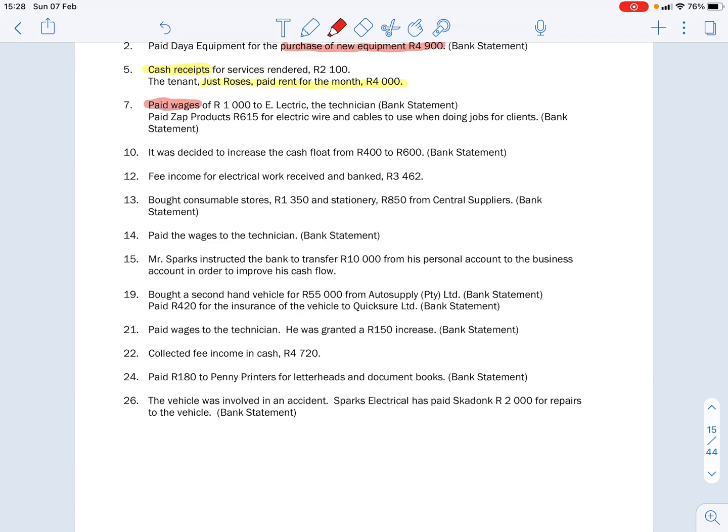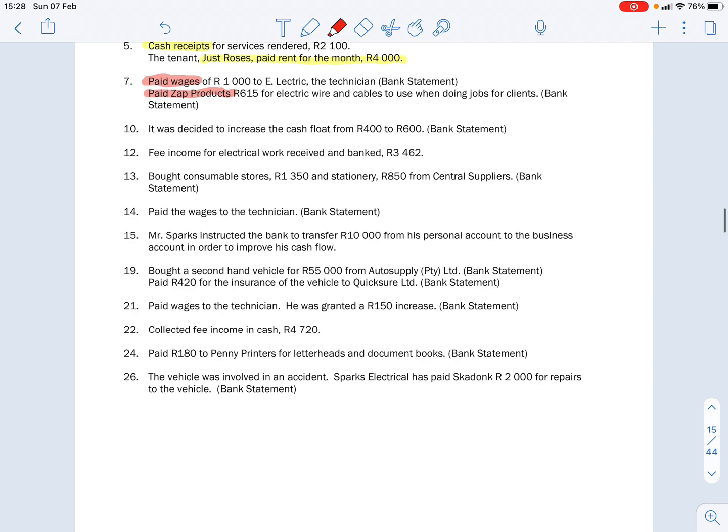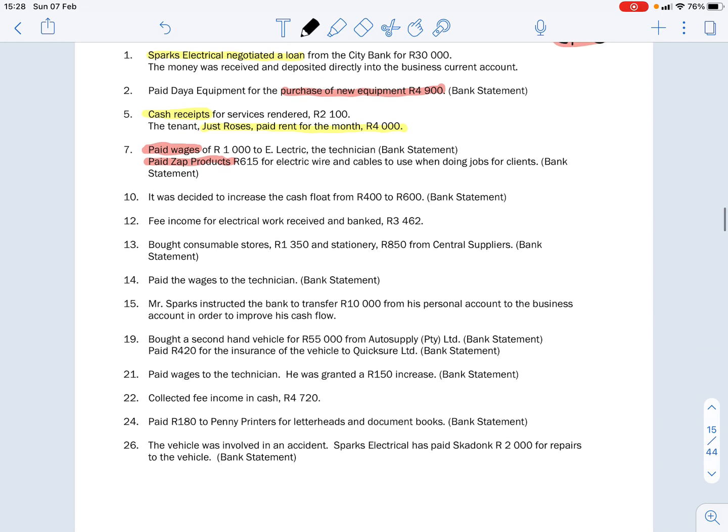We then pay wages of 1,000 Rand to Electric the technician, CPJ, and we pay Zap Products 615 for electrical wire and cables. Now, we are an electrical business, so electrical wire and cables would be material costs.